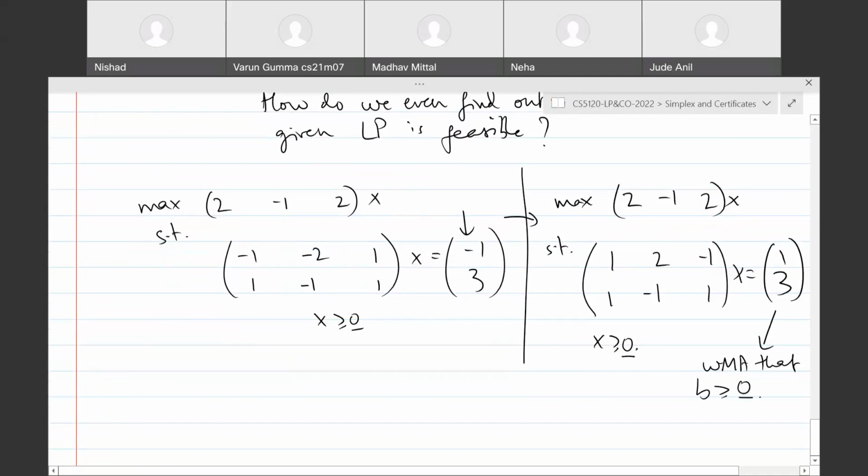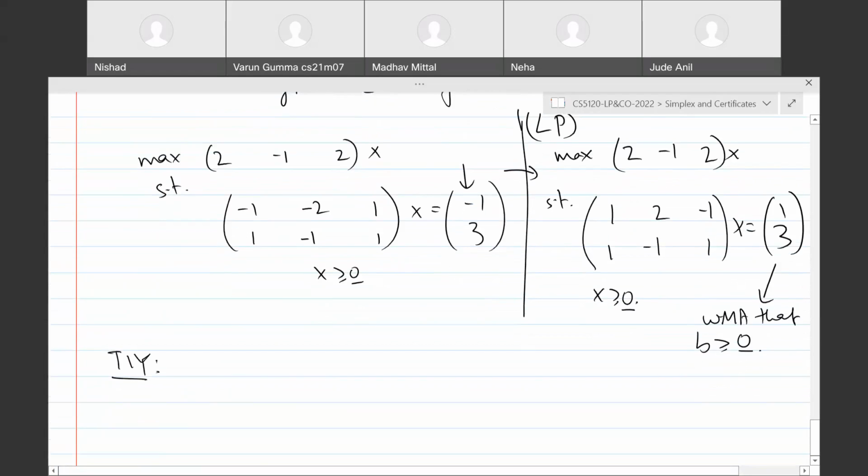Okay, but even if the right hand side is non-negative, it doesn't mean that the LP is feasible. It could still be an infeasible LP. So let's call this our given LP, with the right hand side being non-negative. And I want to give you as a try it yourself problem, and I'll give you some hints for it.